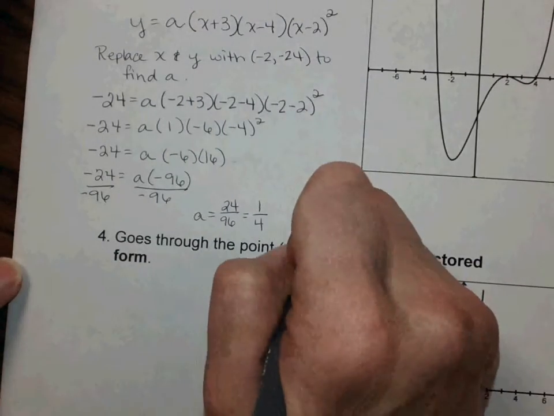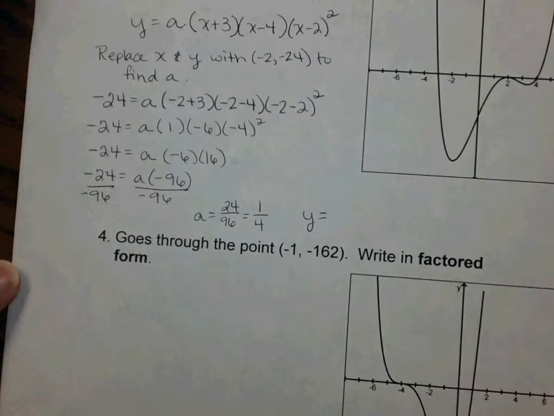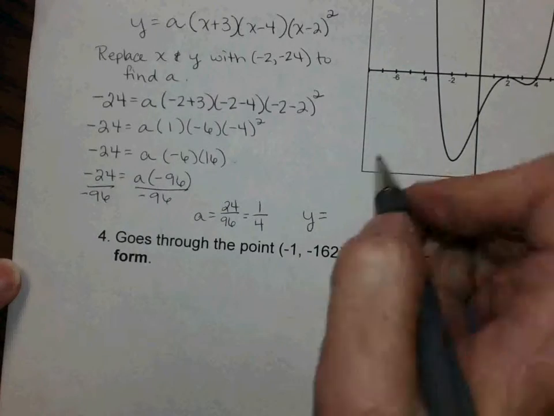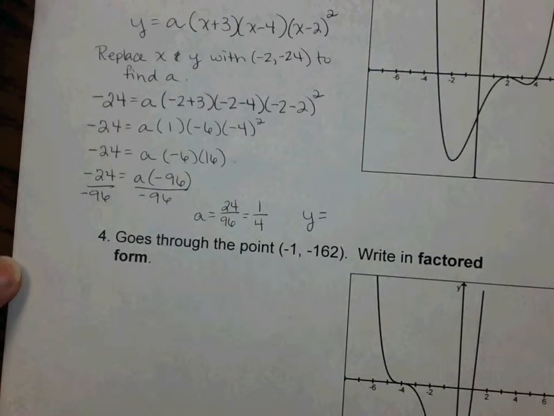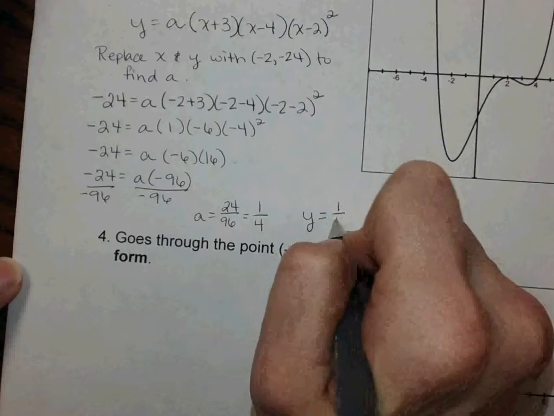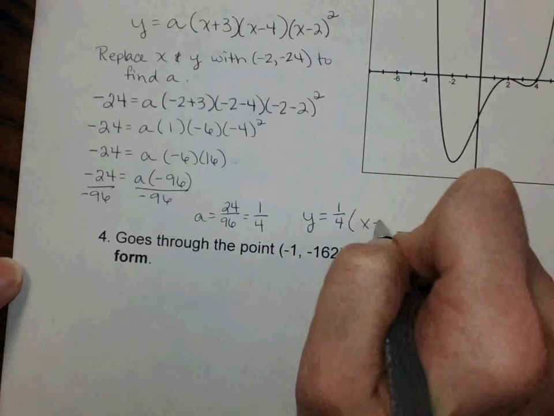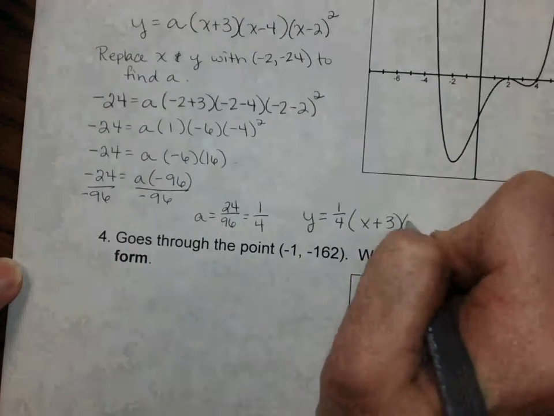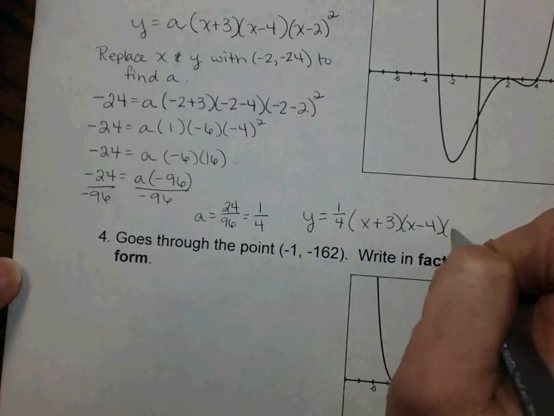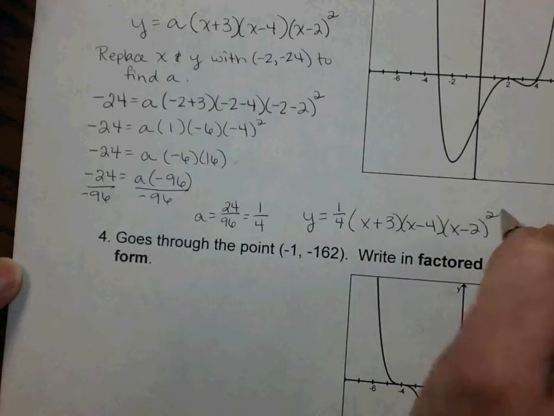So your answer here, you should get 1/4 for a. So when you write your answer, remember it has the letters x and y in it. So y equals 1/4 times x plus 3 times x minus 4 times x minus 2 squared.